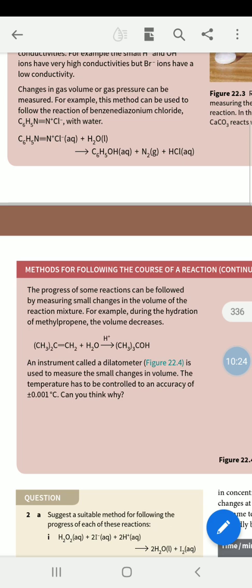When these measurements are obtained, the temperature of the setup needs to be kept constant because even a slight change in temperature can affect the rate of the chemical reaction very much.